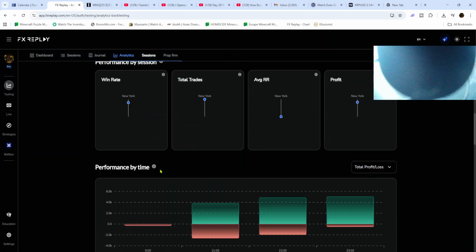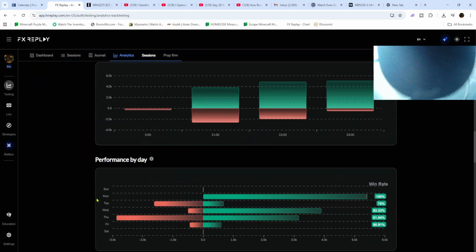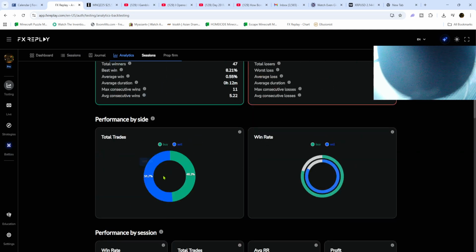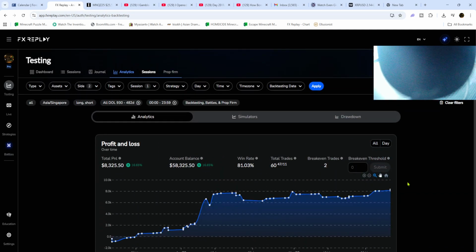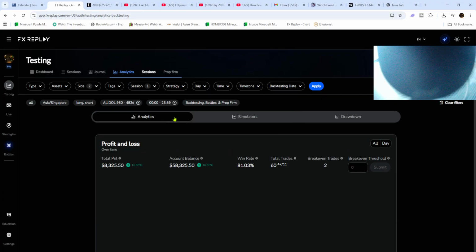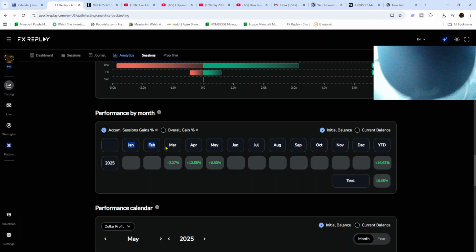So for this, I've tested January, February, March, April, May, September, October, November, because these were demo backtests. This is live, and these are backtests as well.